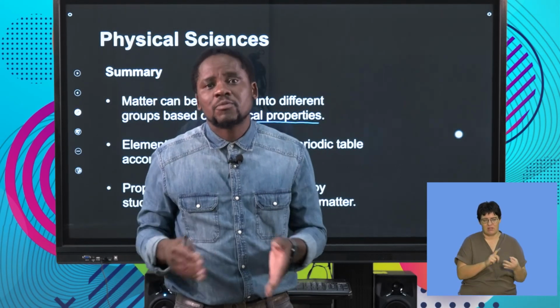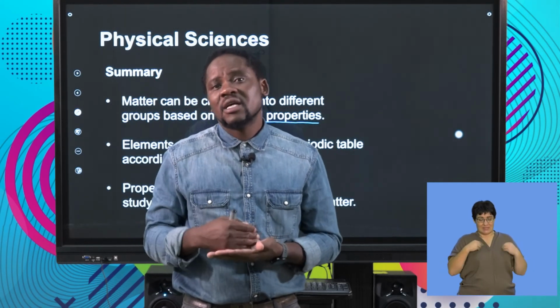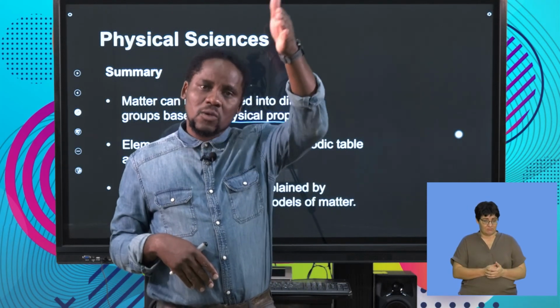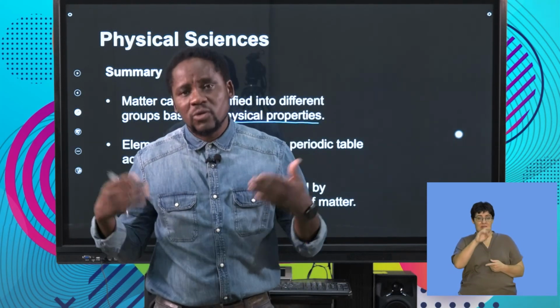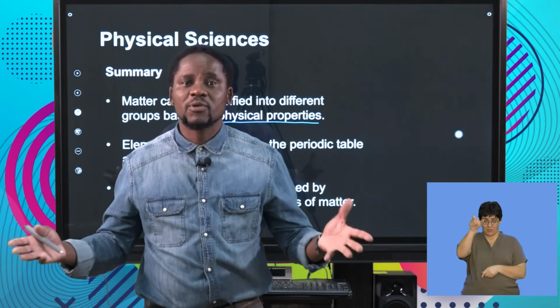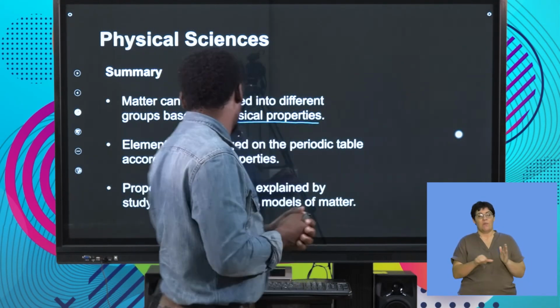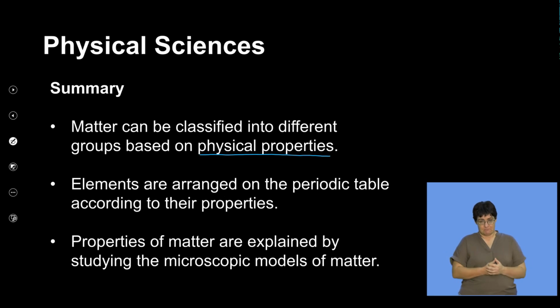The physical properties are very central as far as the periodic table is concerned. So to find materials or elements within the same group, because they display similar properties, that's what is important as far as the physical properties. So elements are arranged in the periodic table according to their properties.